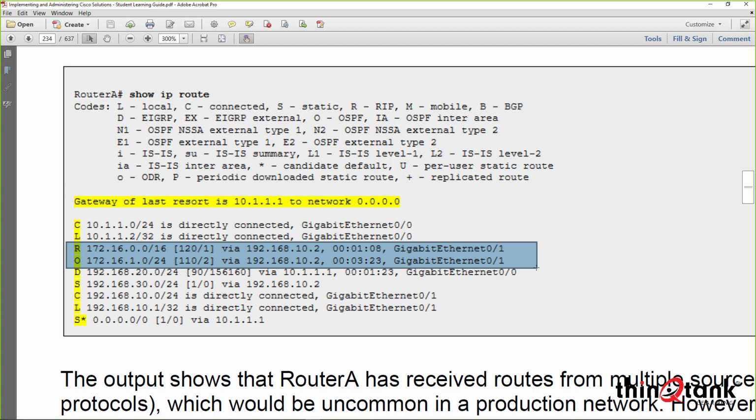So what happens if I send a packet to 172.16.1.1? Am I supposed to match the RIP route, or am I supposed to match the OSPF route? I'm going to match the OSPF route. Why? Because it's the longest match.